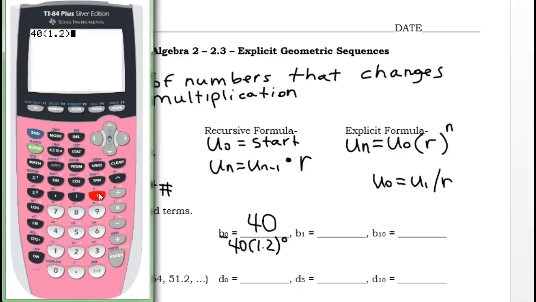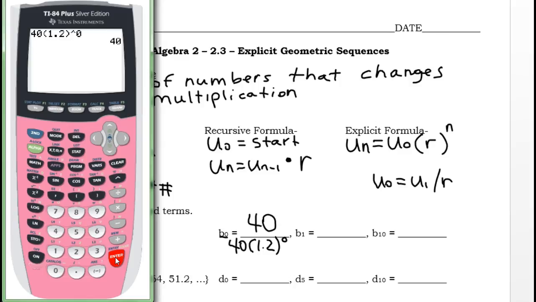And on this calculator, the power is a little upward caret right above the division sign. If you're working with one of the blue calculators, it is almost the same spot, but on the exact opposite side of the calculator, kitty corner up from the 7. Okay, so I want to put a power of 0 there, and then I see the answer is 40.